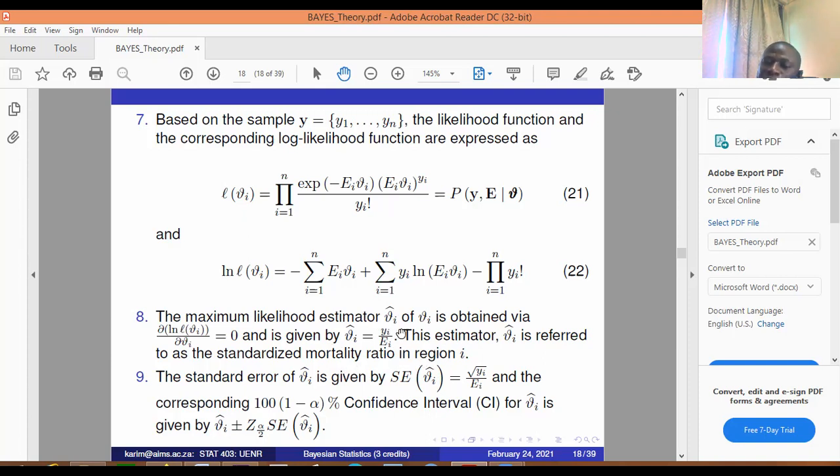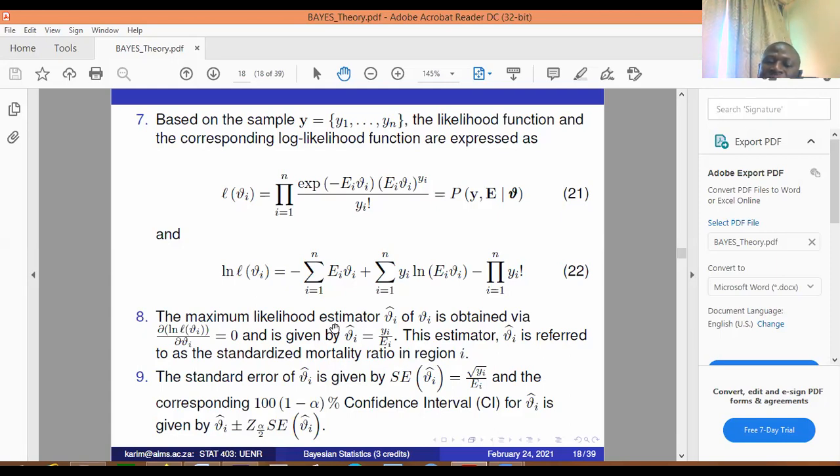Once I'm able to estimate this, I can tell which region has higher risk than the other region. Once I know the number of cases in region I, and the expected number of cases in that region, then I should be able to find the risk associated with that region. And that is what we call the standardized mortality ratio in region I.